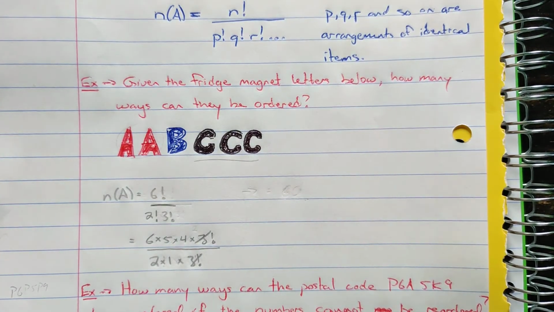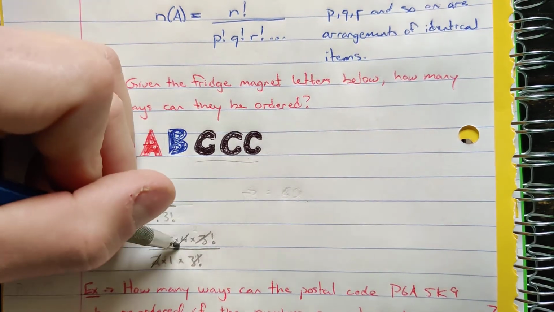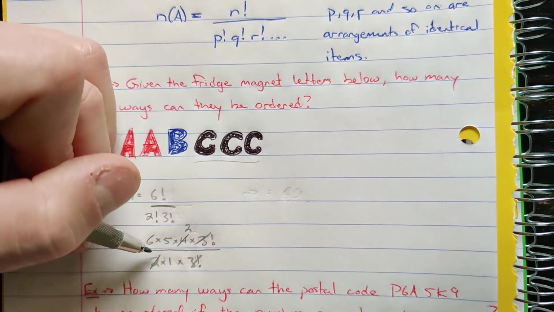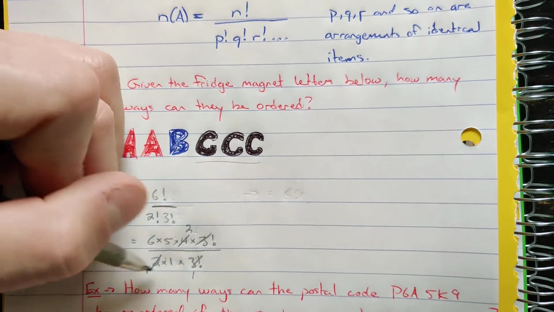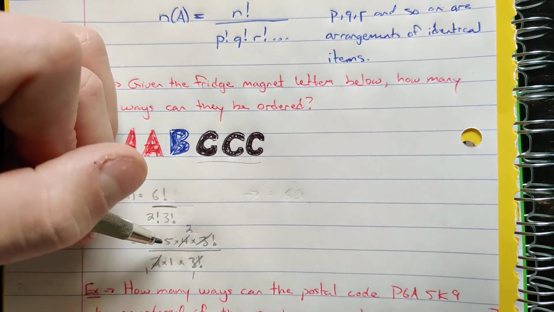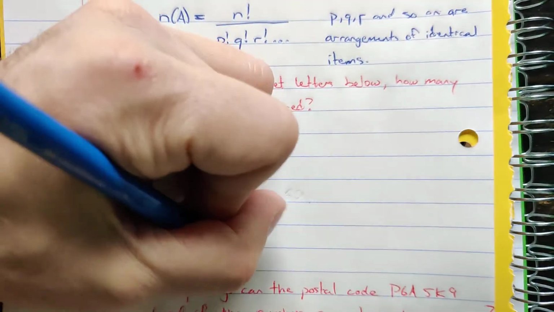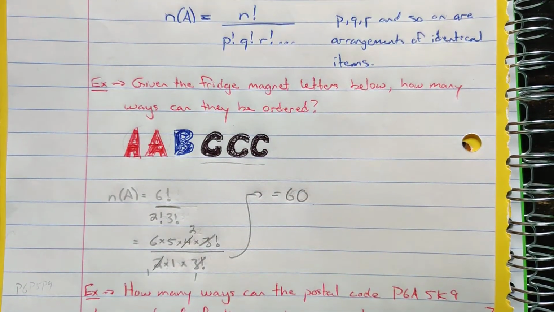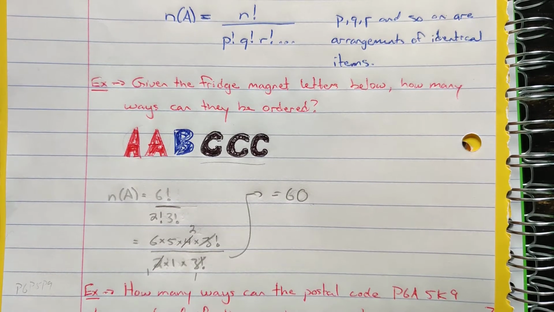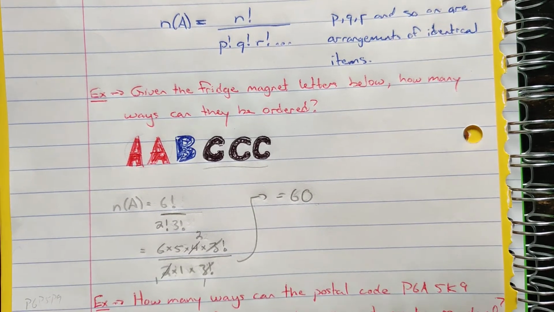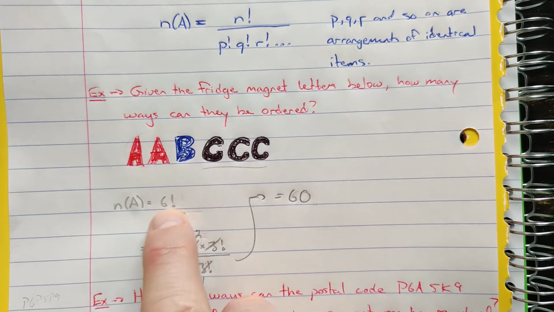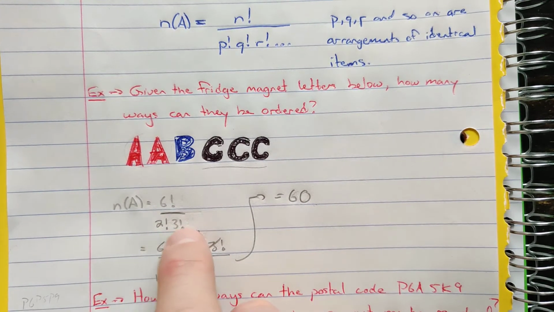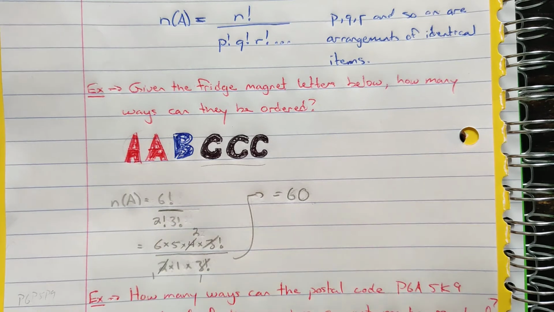The 3 factorials will cancel. The 2 will cancel with the 4 to leave that as a 2. So we're left with 1s on the bottom. It's 6 times 5 times 2, that's going to give us 60 different arrangements of the letters on the fridge. So again, we looked at the total number of permutations divided by the permutations of each of the repeating letters.